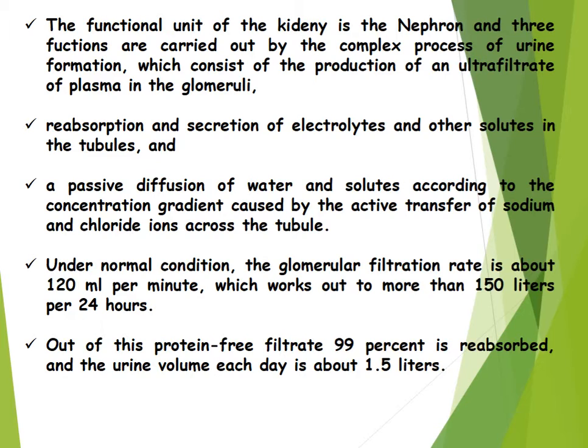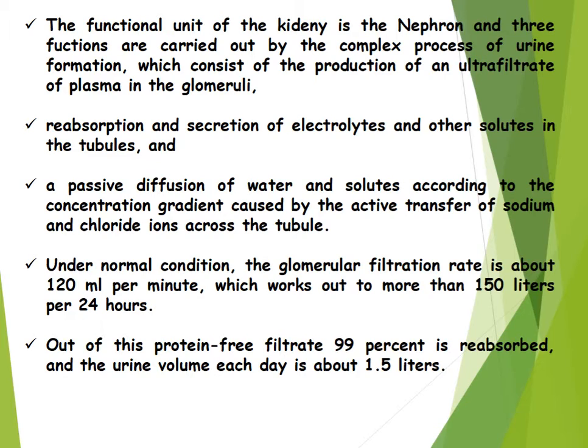Then comes passive diffusion of water and solute according to the concentration gradient caused by the active transfer of sodium and chloride ions across the tubule. All of you know that passive diffusion along a concentration gradient means the solute is transferred from higher concentration to lower concentration.